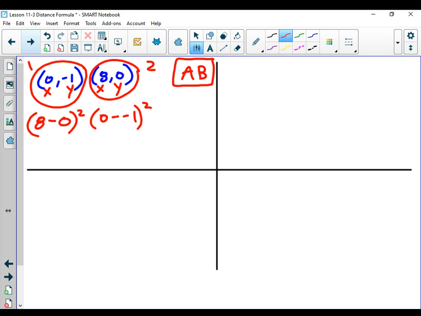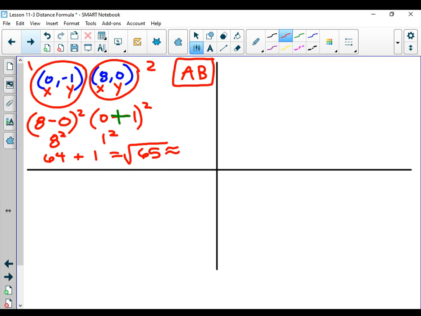Big plus. Eight squared, 64. 1 squared, 1. Until right now, we would have just put about 8.